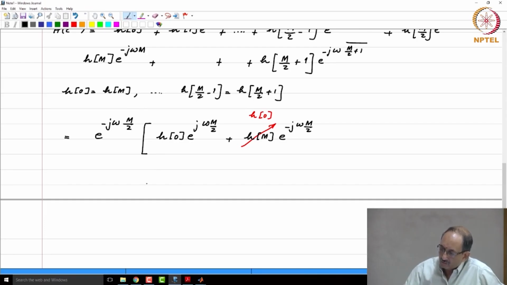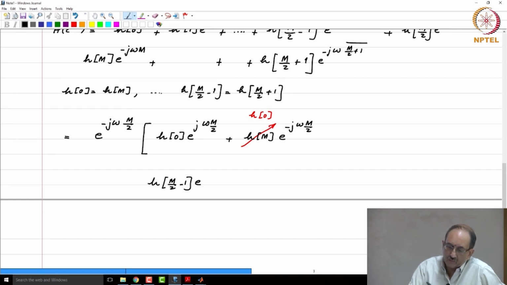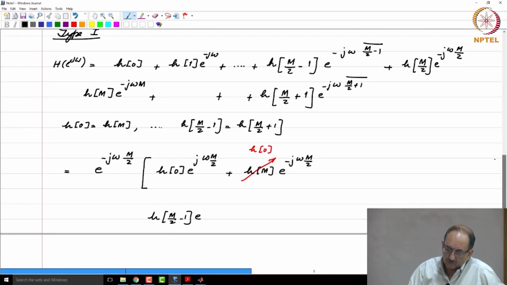Similarly, you will have h of M by 2 minus 1, and you have taken e to the minus j omega M by 2 outside here.